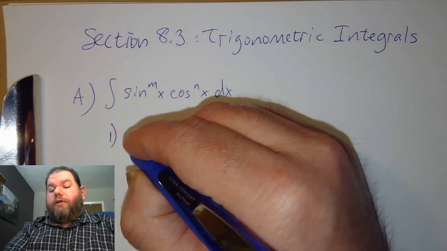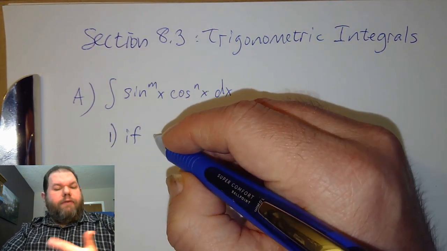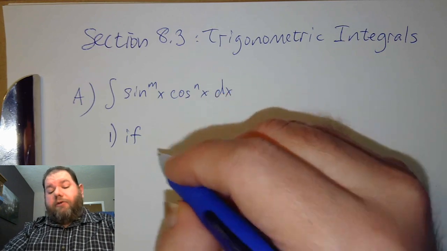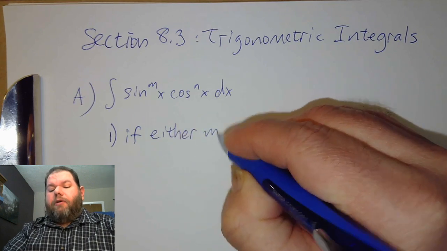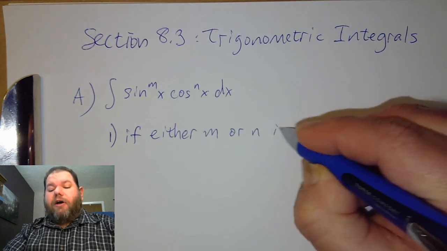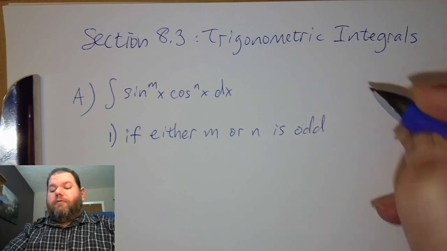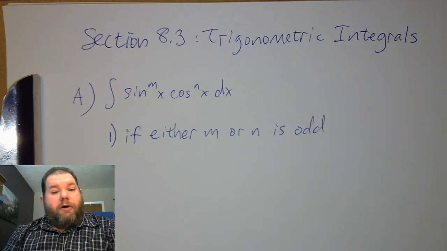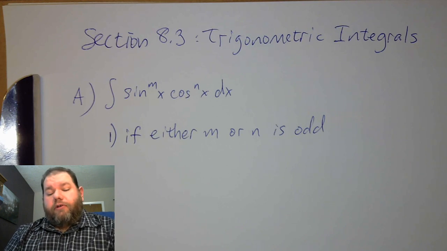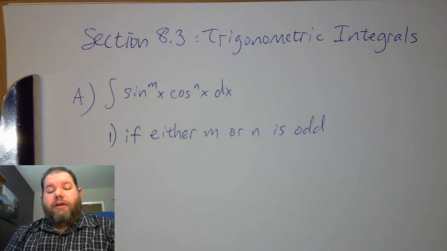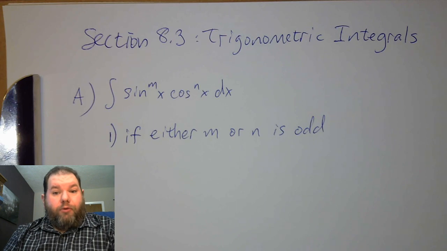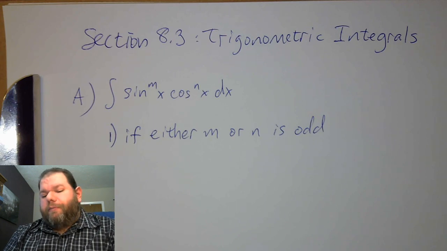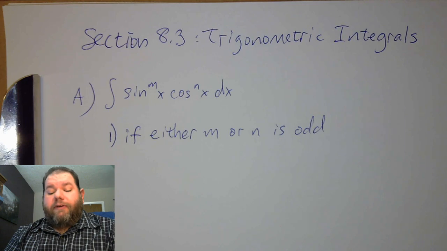So there's different scenarios we have to examine. The first scenario I want to look at is if either m or n is odd. Now it's possible that both of them are odd. That would also fall into this scenario. So either m is odd, n is odd, or both are odd. The other scenario is they're both even. Neither one is odd. So there's two scenarios here that we need to examine.